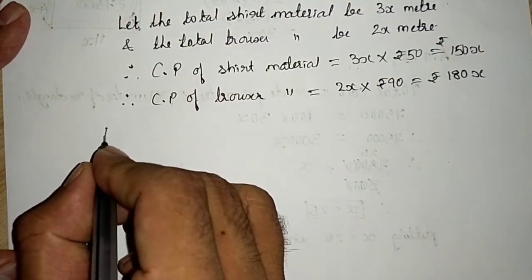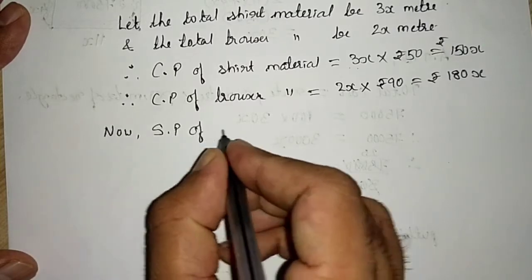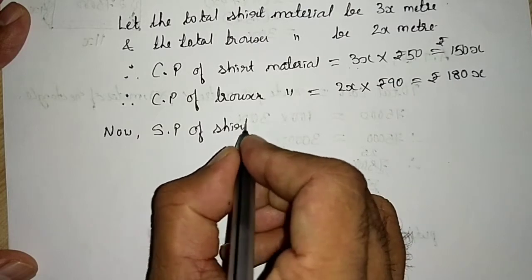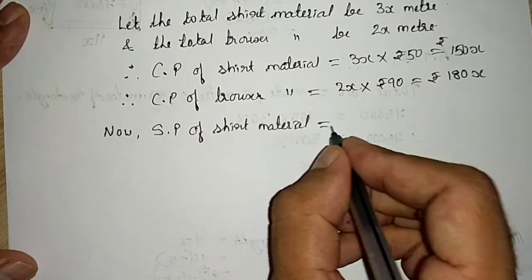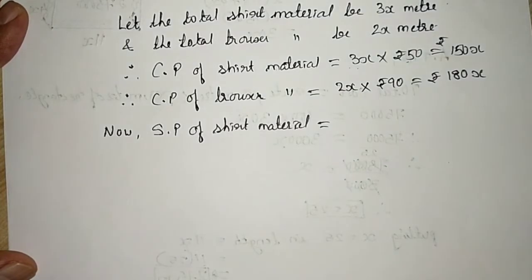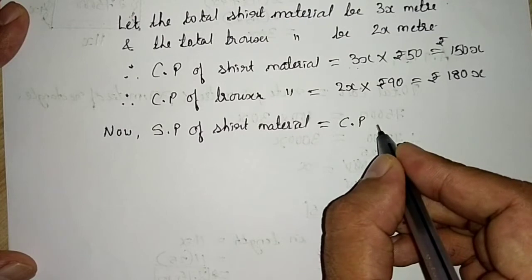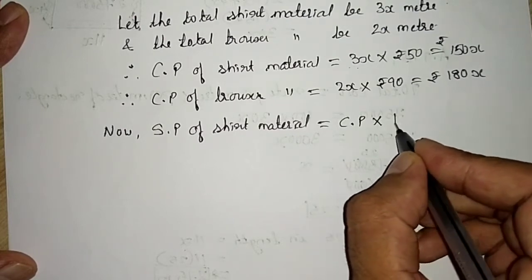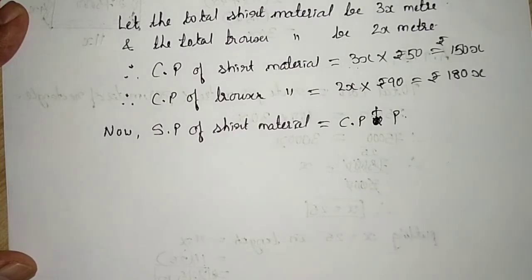Therefore now selling price of shirt material is equal to, you know how to write the selling price. Selling price is cost price plus profit.